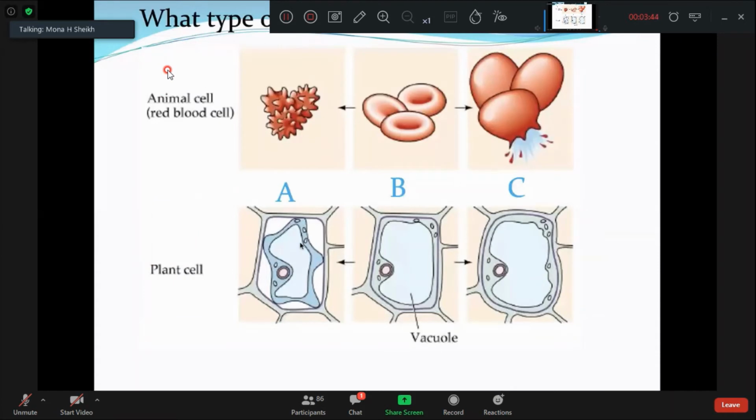I like this slide because if you put hypertonic solution in blood, this is what happened to the cell. They will shrink. The water will go out from the red blood cells and the cell will shrink. If you put isotonic, the cell will be happy, normal, biconcave disc, and it will carry oxygen in an optimal way. If I put hypoosmolar or hypotonic, then the opposite will happen.